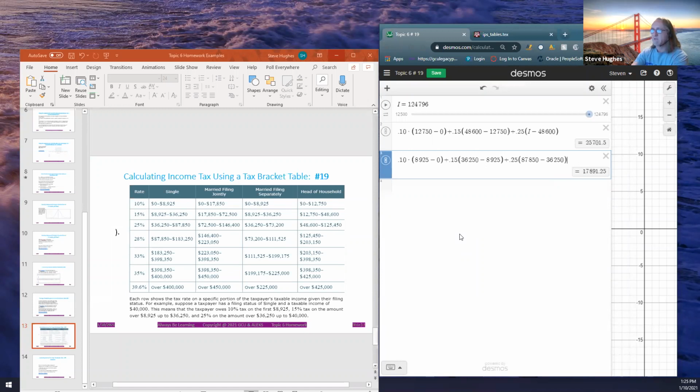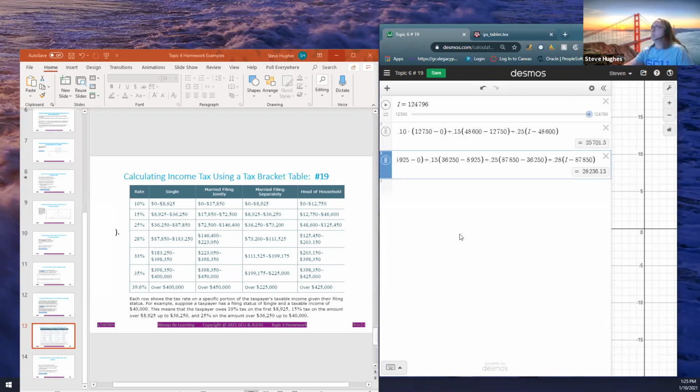Now I need to keep going because this person earned more than 87,850. I'm using the same income as before. Plus 0.28 times I minus 87,850. And there is your value.